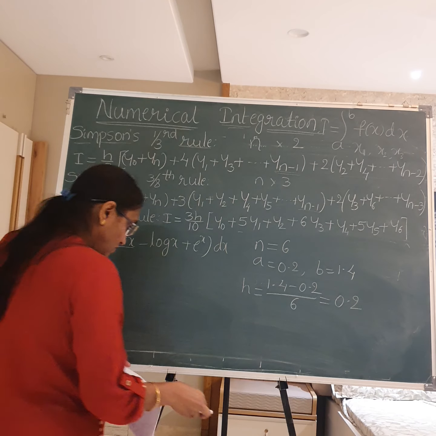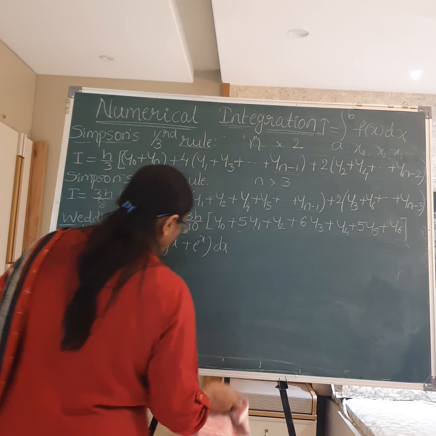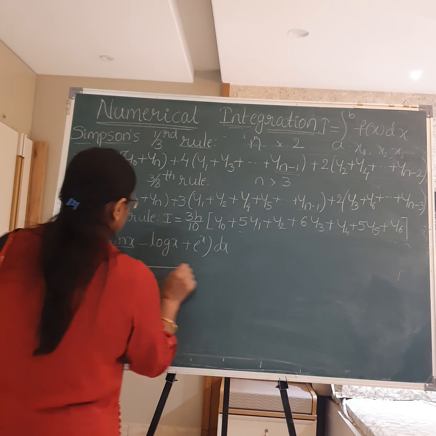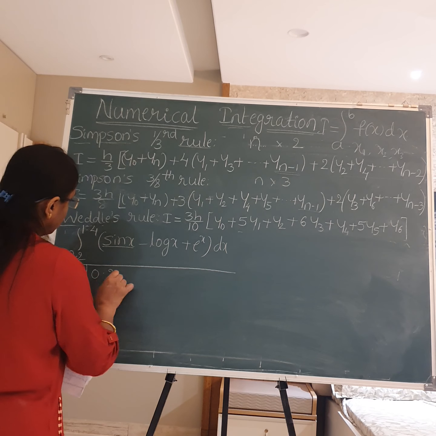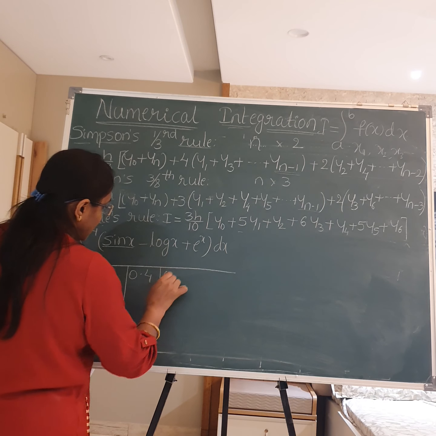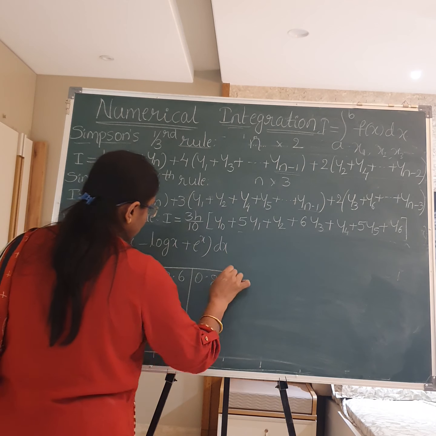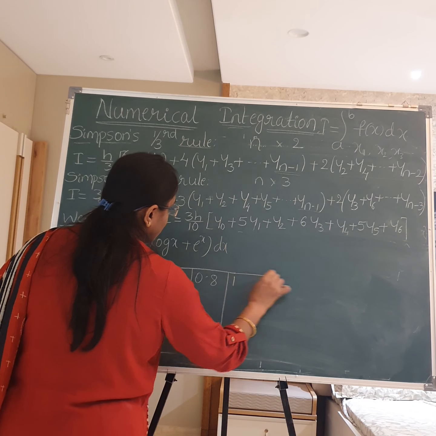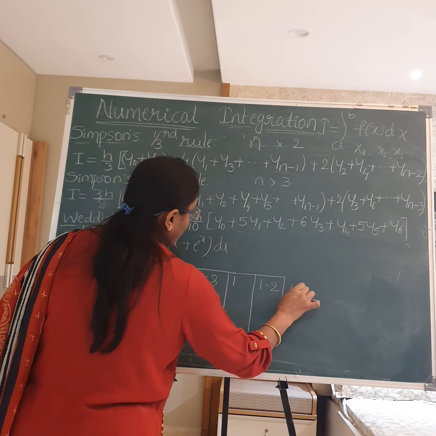So table values will be x is equal to 0.2 and the difference is 0.2. x: 0.2, 0.4, 0.6, 0.8, 1, 1.2, 1.4.